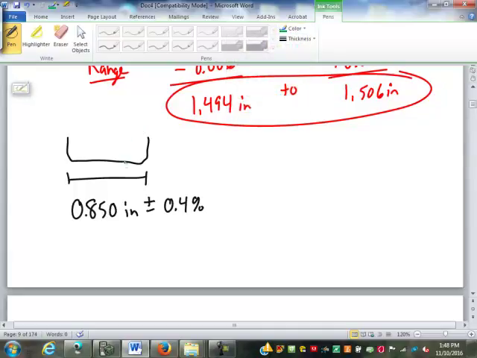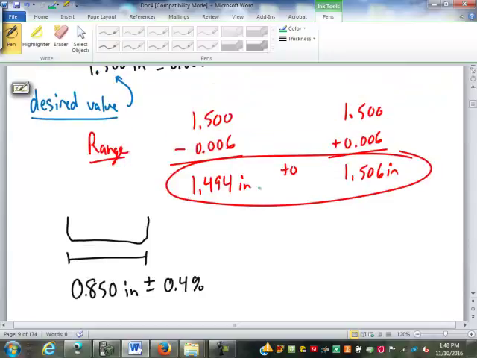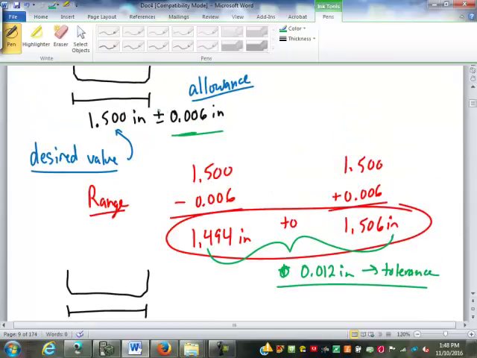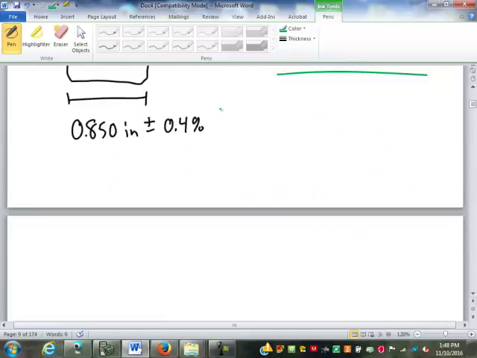So to figure out what the allowance, oh, by the way, you said tolerance. This is the tolerance. If I subtract that, I get a range of 0.012 inches. That is my tolerance. A lot of people call this the tolerance, and I wouldn't mark it wrong if you called it that, but technically it's called an allowance.